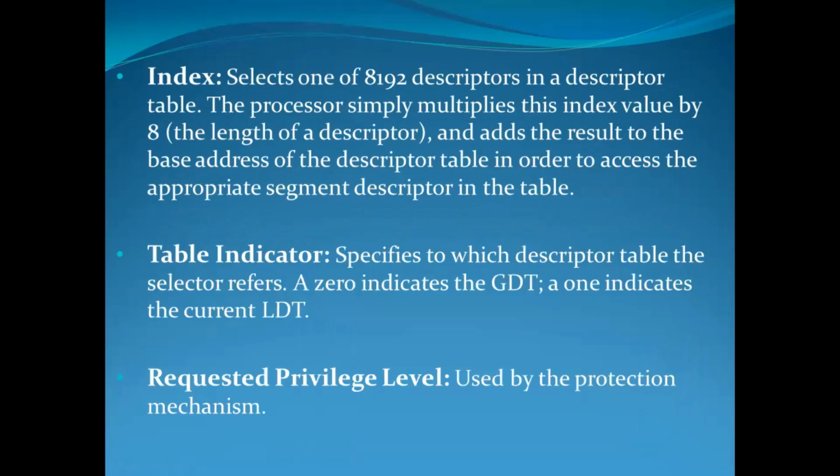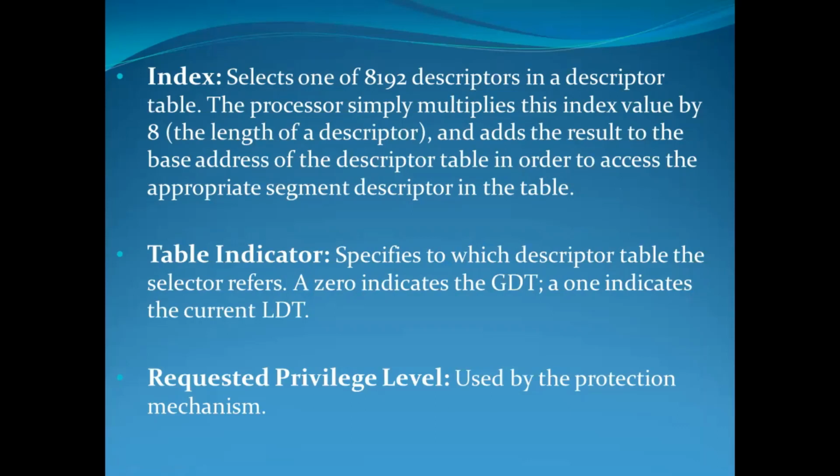The index field selects one of the 8192 descriptors in a descriptor table. The processor simply multiplies this index value by 8 and adds the result to the base address of the descriptor table in order to access the segment descriptor in a table. The table indicator specifies to which descriptor table the selector refers.